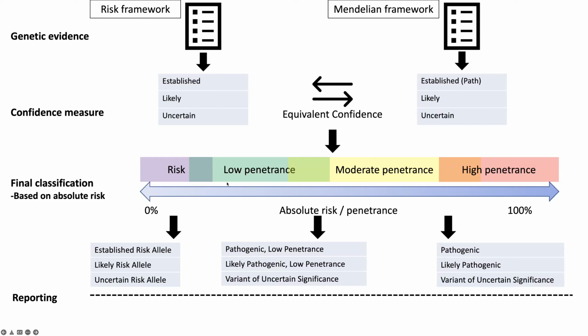And then based on the evidence involved and the penetrance, you would come out to this type of output, the top line classification at the bottom here. So here's established risk allele, likely risk allele, uncertain risk allele. And through discussions in our group and with the community, we've carved the world, and by the world, I mean this spectrum of penetrance, into things we call risk alleles.